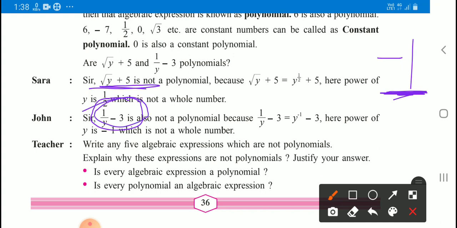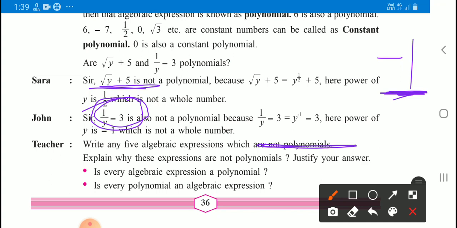Okay. Now here the teacher said to write any 5 algebraic expressions which are not polynomials. Can you write? Whatever power you use, you can take it in fraction form or any negative integer also.